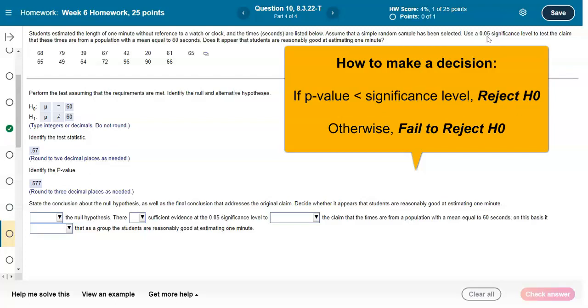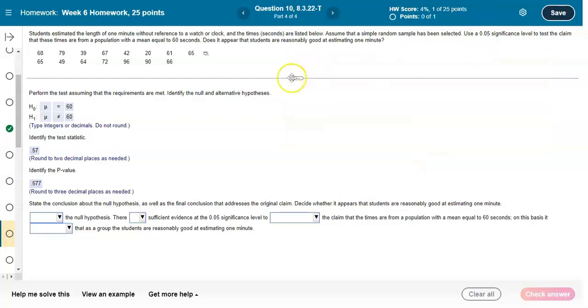If the p-value is more than the significance level, then you will fail to reject the null hypothesis. So in this case, our p-value was a lot bigger than our significance level, quite a bit bigger. So we should fail to reject the null hypothesis. So this first drop down here, we're going to fail to reject the null hypothesis.